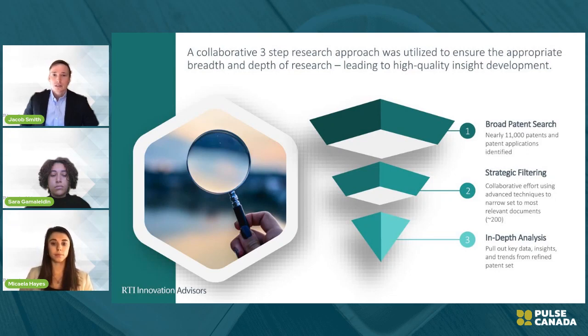We worked closely with the Pulse Canada team to do some strategic filtering on that data set, and ultimately wound up coming up with a subset of those 11,000 patents that were extremely relevant to this particular work and to innovation in the field of pulse starches today.